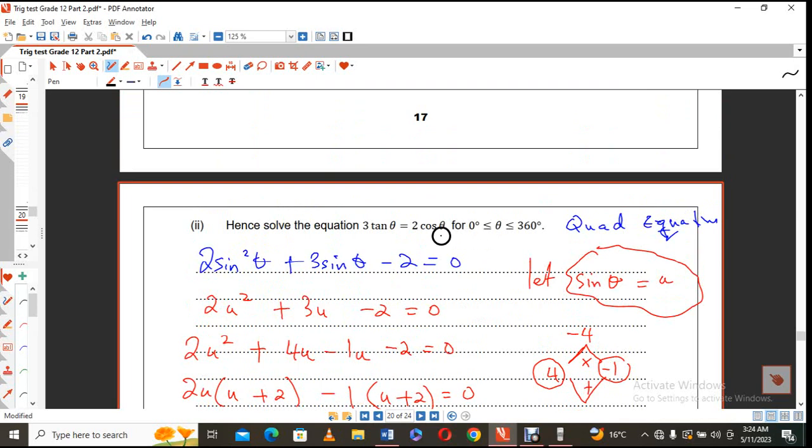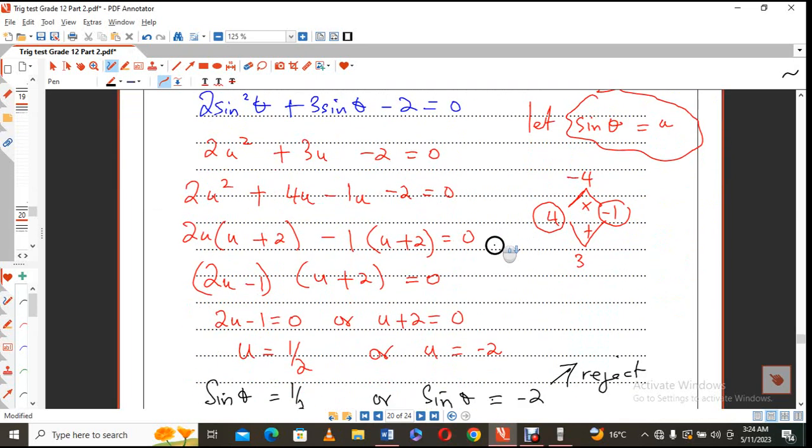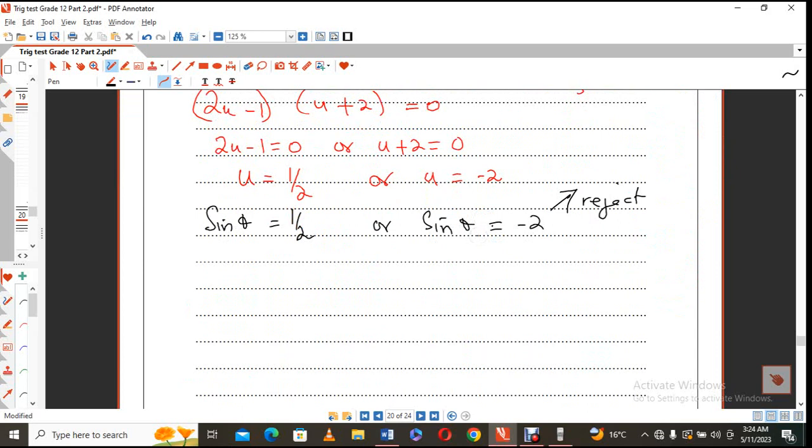Now they want me to find the solution between 0 and 360 degrees. So again, I hope you are familiar with the CAST diagram, or you can use the unit circle.